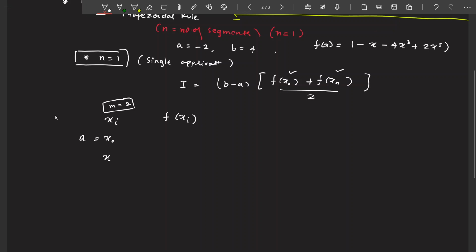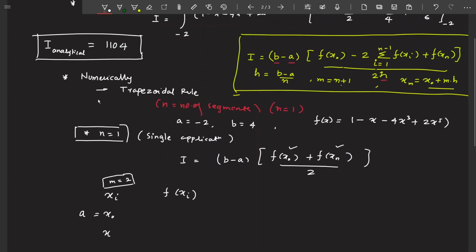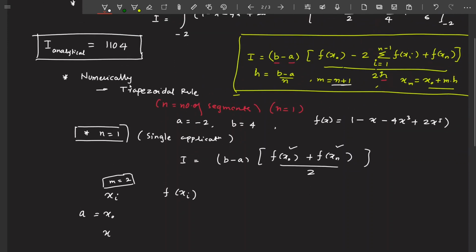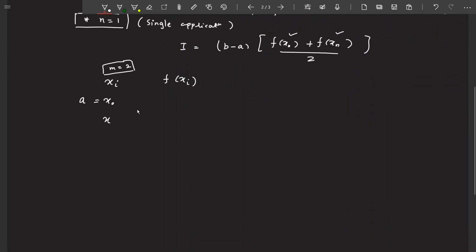I have already told you it's nothing but n plus 1. Let me erase this, it's getting too cluttered. And what is xn? xn is nothing but equal to b. So this is going to be minus 2 and this is going to be 4.